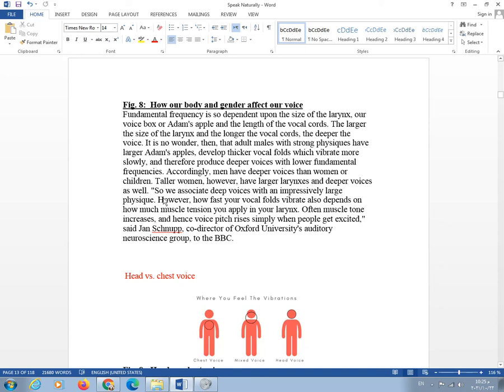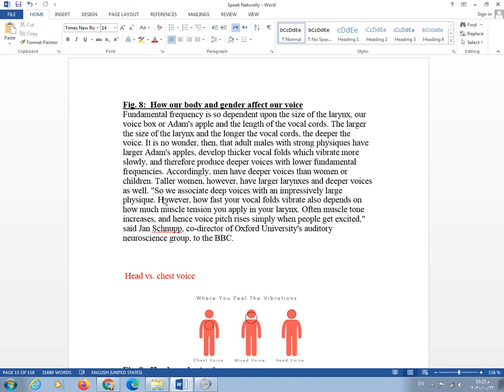Deep يعني it has a low pitch. It's not thin. Like women in general, they have thin vocal folds, and they have a small larynx. الحنجرة بتاعتهم صغيرة والvocal folds الأحبال الصوتية بتاعتهم are thin, and this is why their voice is high pitched. ليه؟ لأن the thin vocal folds vibrate rapidly, more rapidly than the thick vocal folds of men.